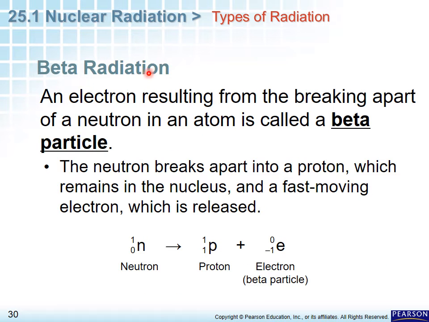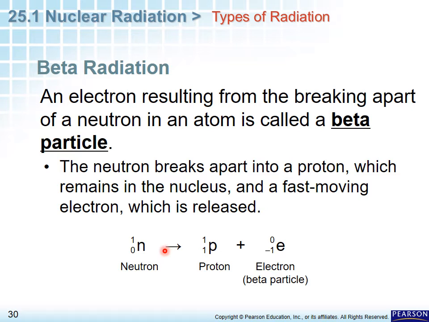Beta radiation. An electron resulting from the breaking apart of a neutron in an atom is called a beta particle. The neutron breaks apart into a proton, which remains in the nucleus, and a fast moving electron, which is released. Now you can see this is the neutron.